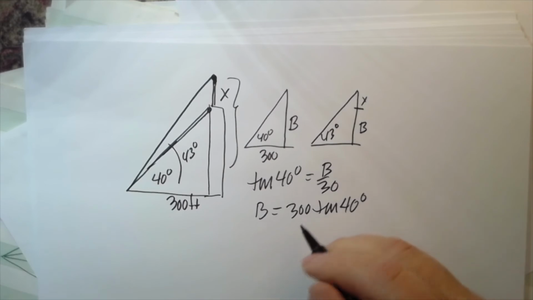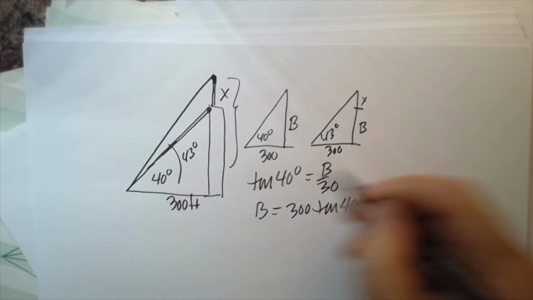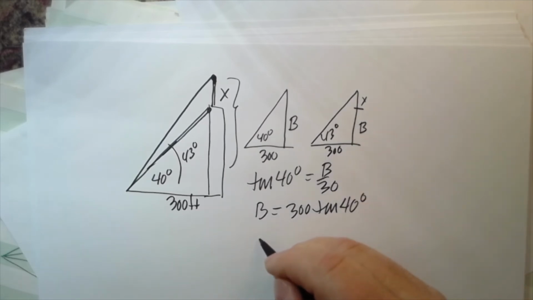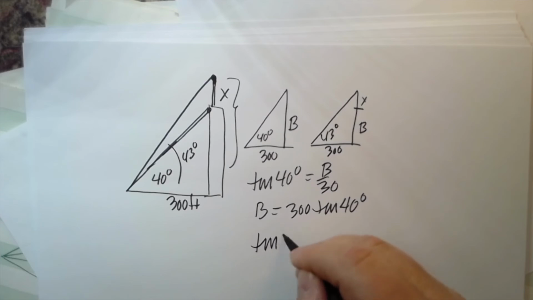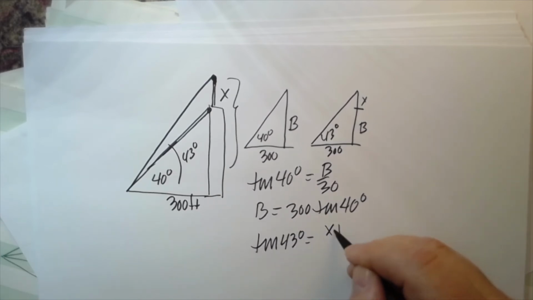Again, this is 300, because that's still the distance. So the tangent of 43 degrees is equal to the opposite, which is x plus B, over 300.